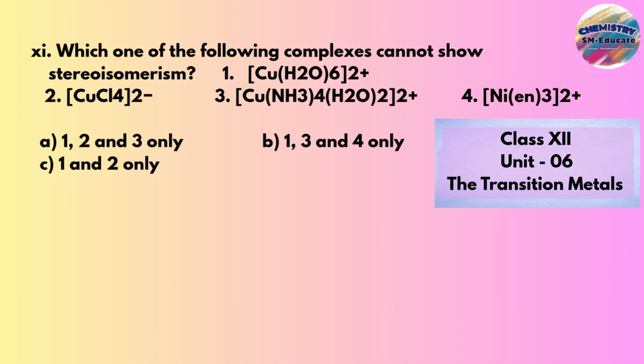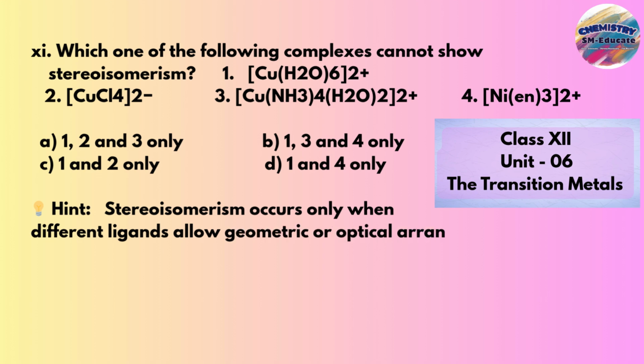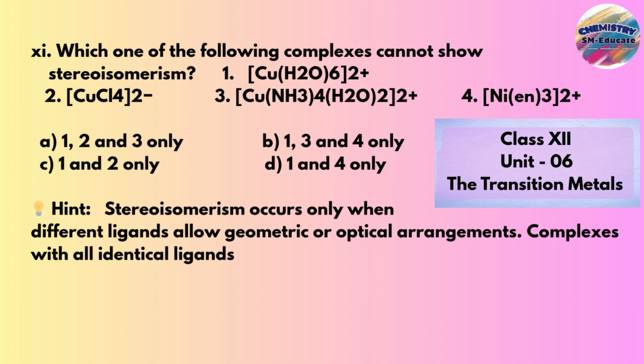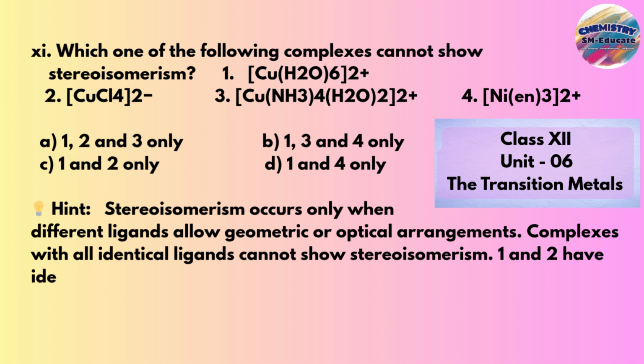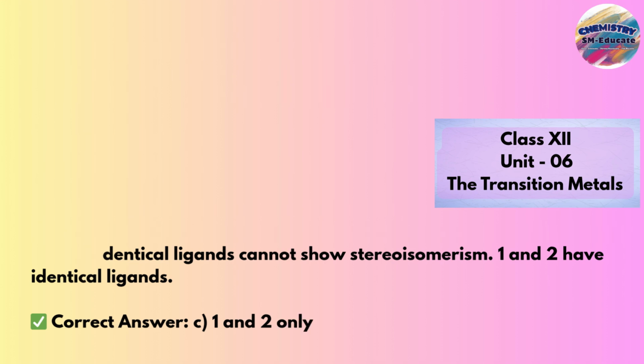A, 1, 2 and 3 only. B, 1, 3 and 4 only. C, 1 and 2 only. D, 1 and 4 only. Hint: Stereoisomerism occurs only when different ligands allow geometric or optical arrangements. Complexes with all identical ligands cannot show stereoisomerism. 1 and 2 have identical ligands. Correct answer: C, 1 and 2 only.